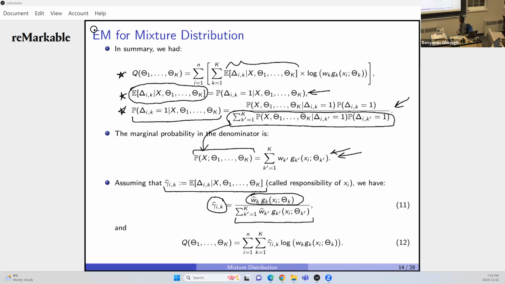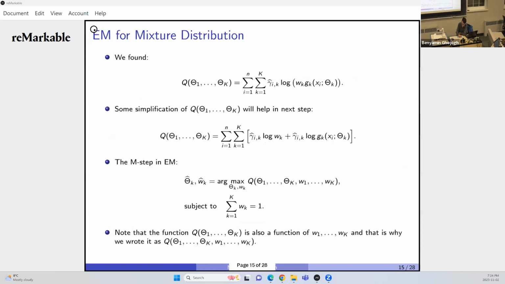Agreed? Now let's plug it back. Plug equation 11 back inside the expected log likelihood. Then what happens? So rather than this whole thing, I'll have delta ik hat. So this is what we found.